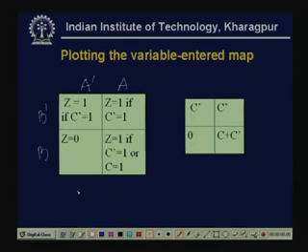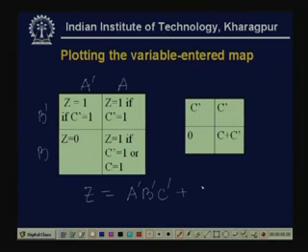So, from here what we can tell that my expression must be Z is for the first element, this is A dash, B dash, C dash, because my C dash is the variable or map entered variable.